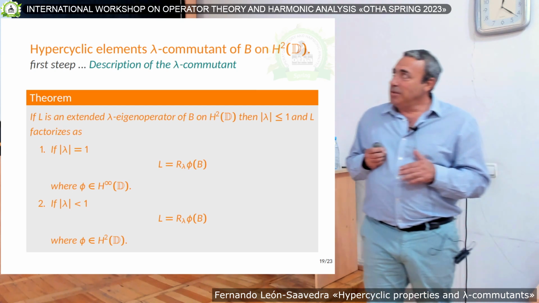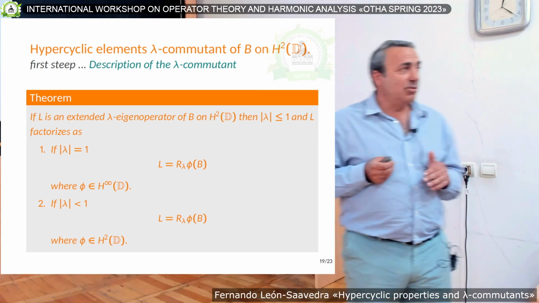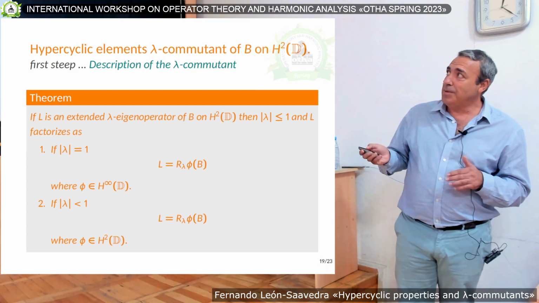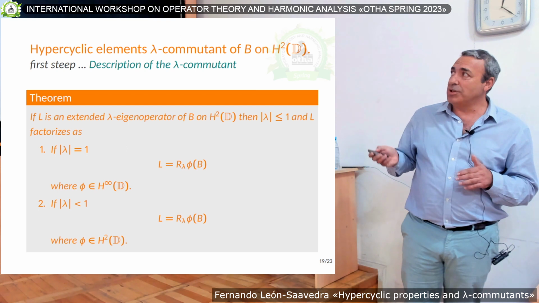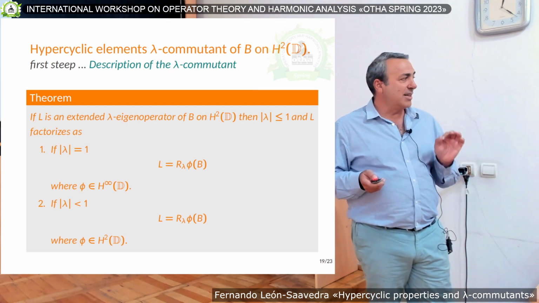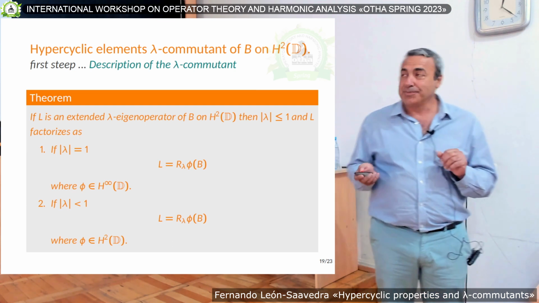And let me say something about our recent advances on the backward shift operator. For the backward shift operator, first we have a description of the commutant, which is a little different from the description for the differentiation operator.